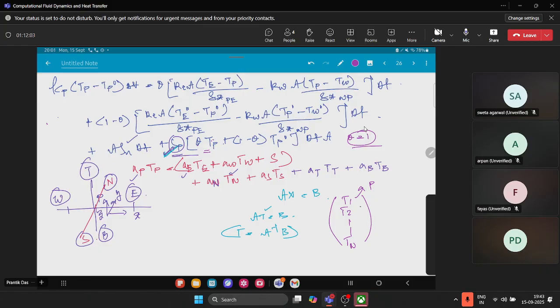The positive part will actually add to the diagonal part of the matrix itself because these TP coefficients lie here.